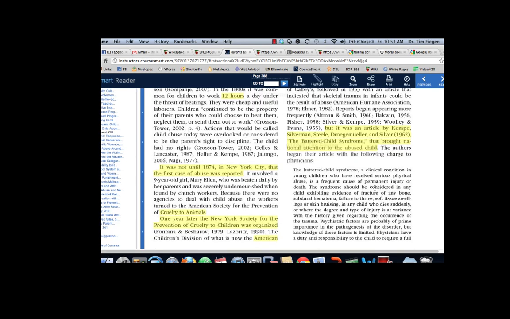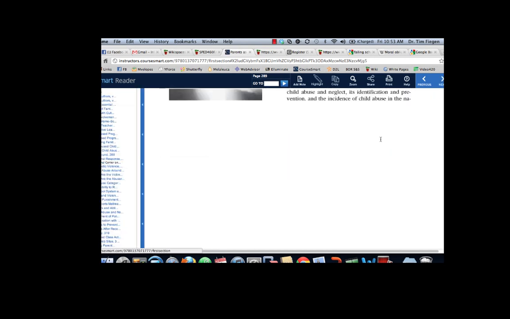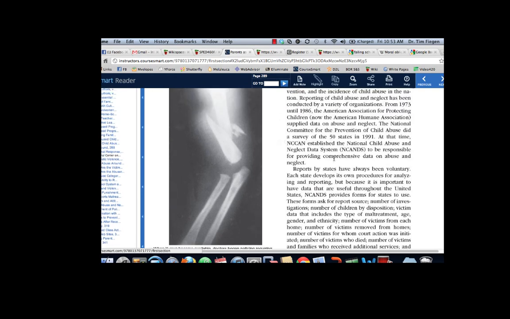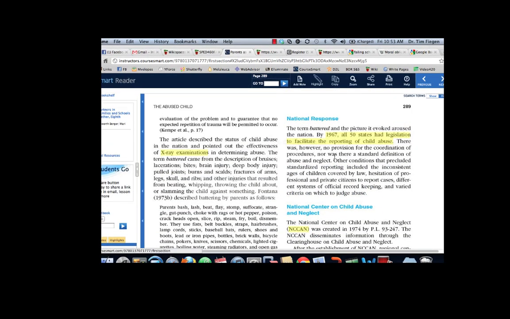And really it was eye-opening to a lot of folks that didn't realize the extent of what was going on. And here's the thing with x-rays: they would accept x-rays as proof to determine abuse. And that's when the term battered was first coined.